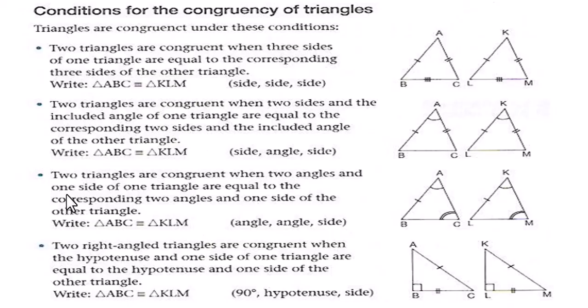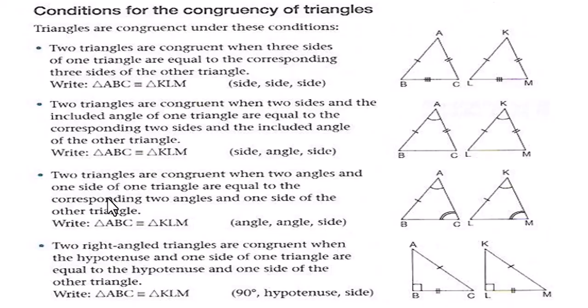Then we look at another condition. Two triangles are congruent when two angles and one side of one triangle are equal to the corresponding two angles and one side of the other triangle.